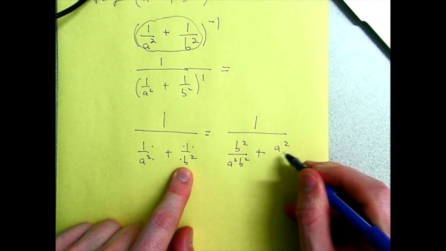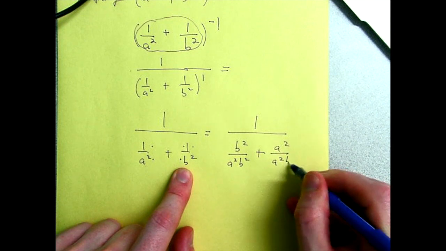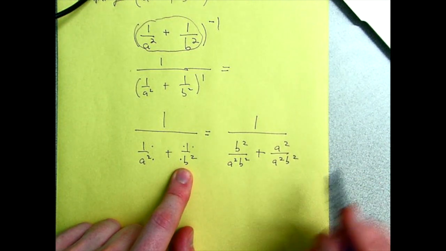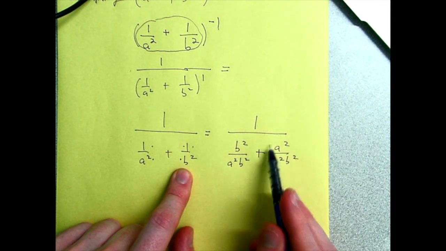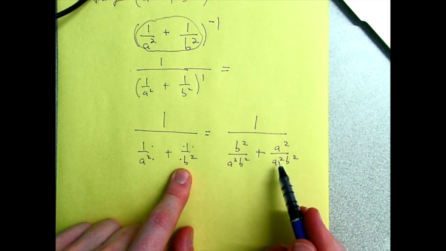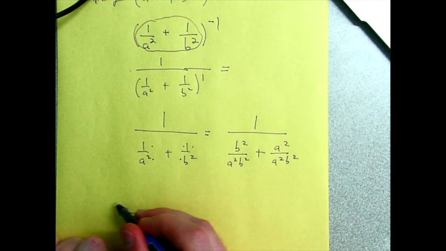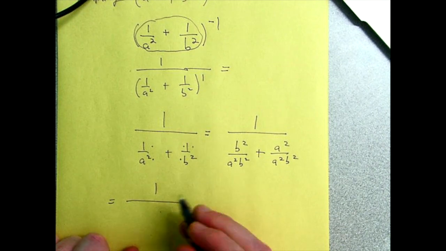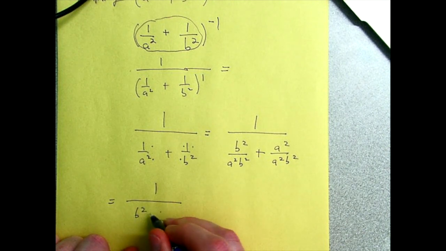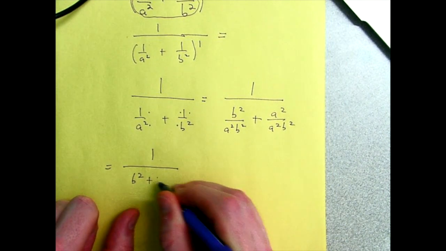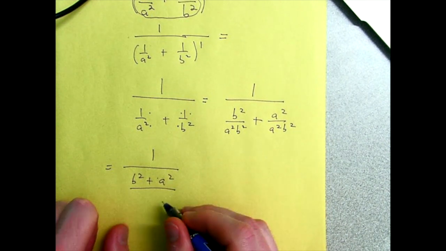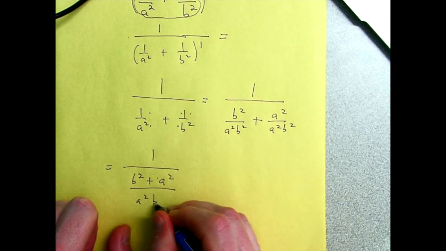So I have a squared over a squared b squared. These two fractions now have common denominators, which means that I can combine them, so I will do so, and I get b squared plus a squared over a squared b squared.